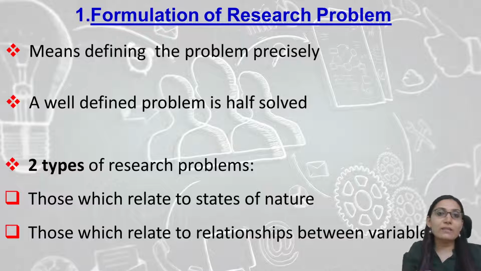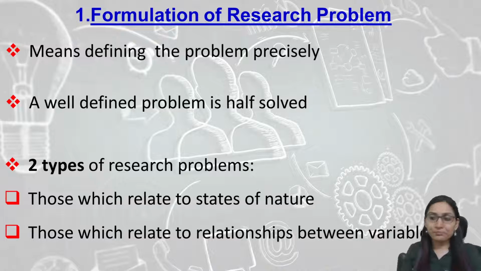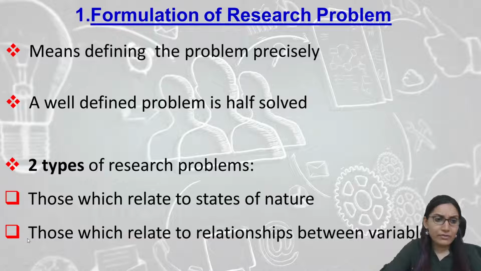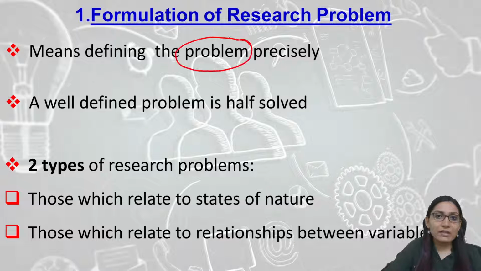So first one is formulation of a research problem. We have seen that formulation of research problem means what needs to be studied, or what research needs to be done, on what topic the research needs to be done. All these are discussed under formulation of research problem. So formulation of research problem is nothing but defining the problem precisely. So here the research problem is defined precisely or specifically.